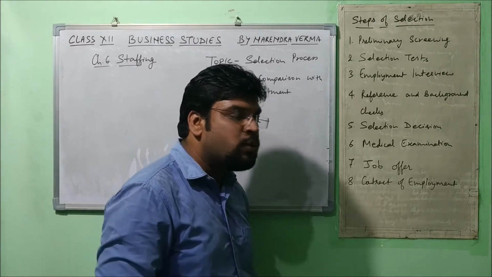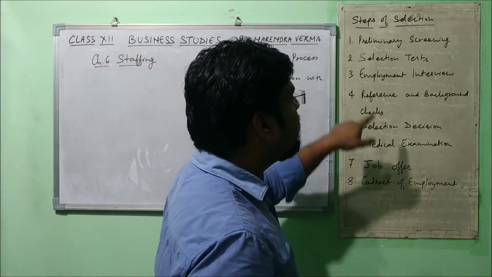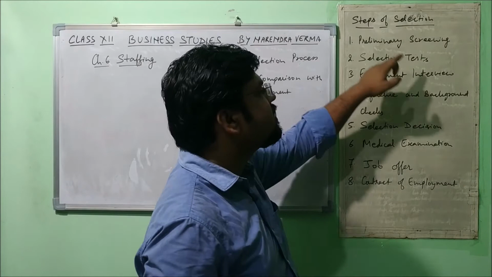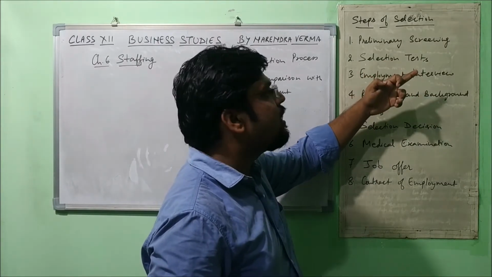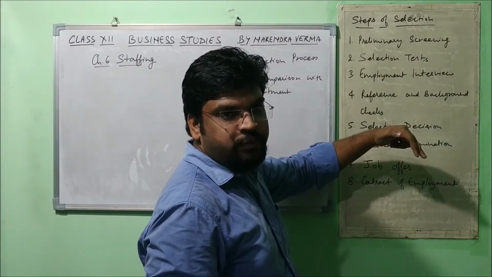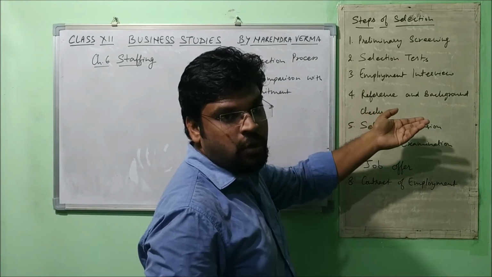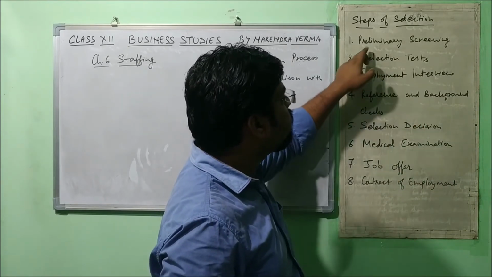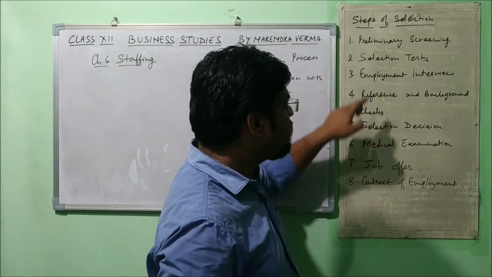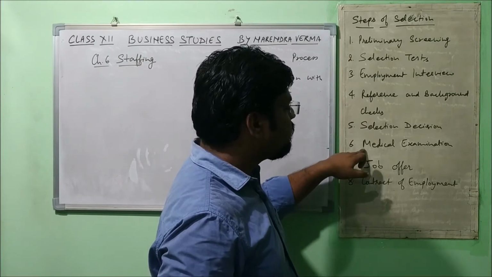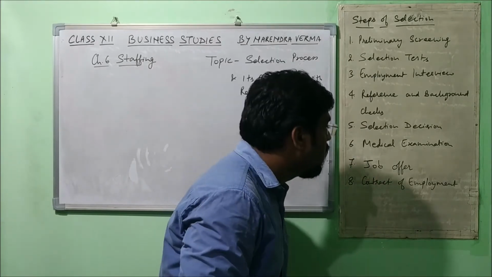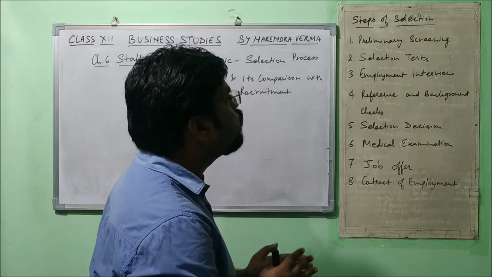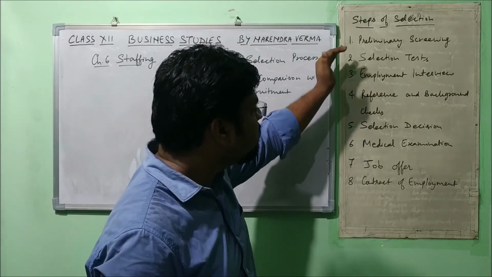Like I explained to you, at every stage the lesser qualified candidate is rejected and the more qualified candidate is forwarded, or selected for the next round. Understood? This process starts from here and goes up to this level. Now these steps need to be followed in the same sequence.